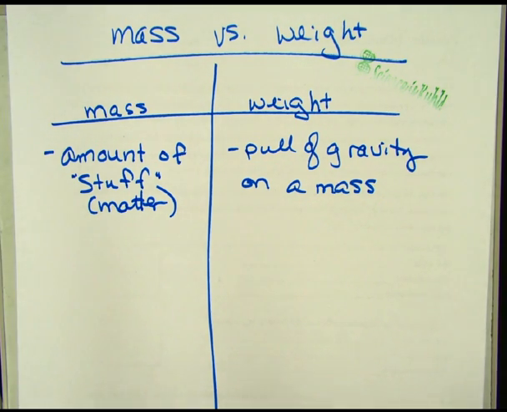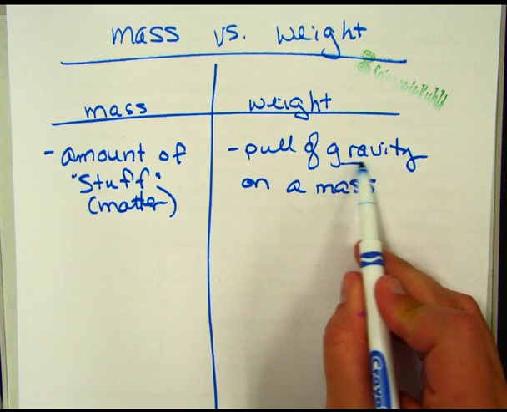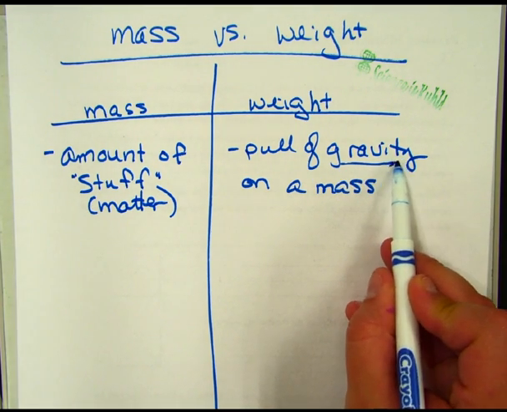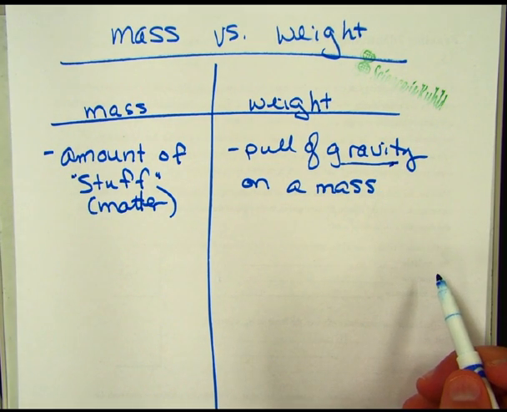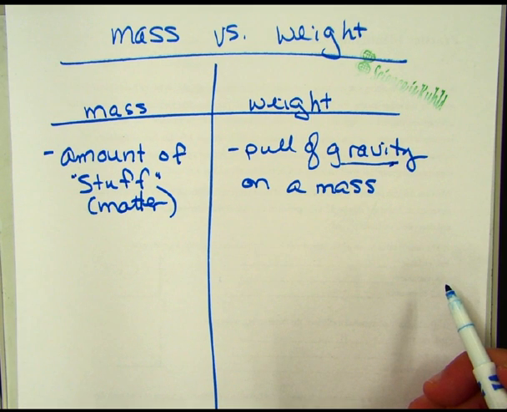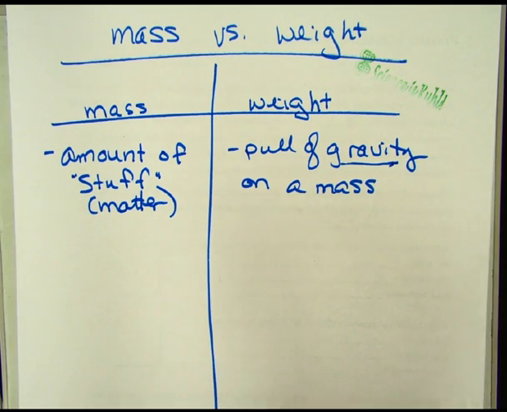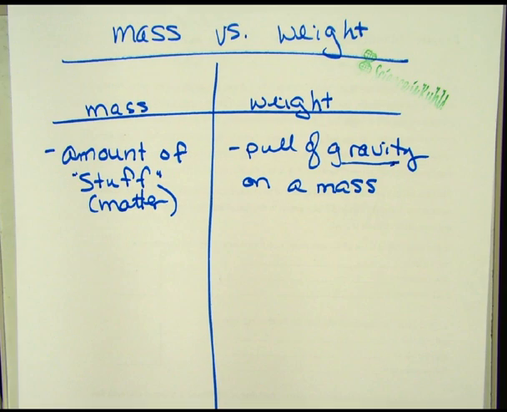But as soon as we started going off the surface of the Earth, then the difference between mass and weight became very important because if you go somewhere where you change your gravity, then you're going to change the weight of the object. So if you are on the International Space Station in orbit, the weight of the object isn't important, but the mass is. You go to the moon, the mass stays the same, but the weight is very different.